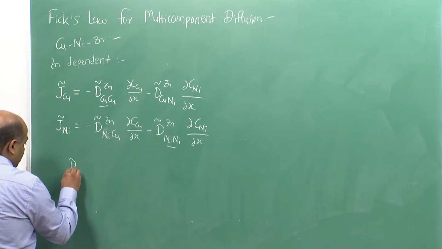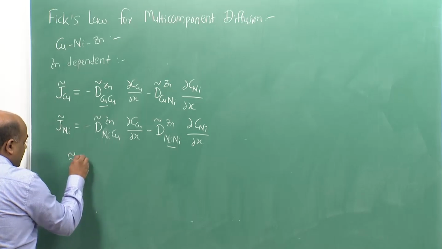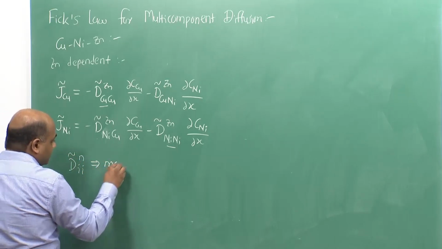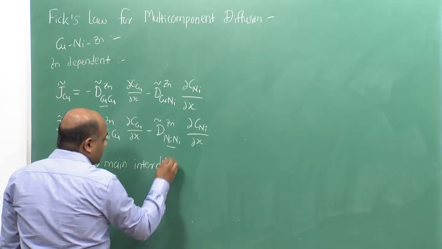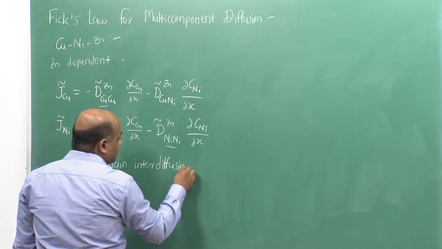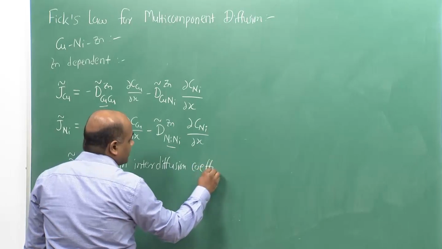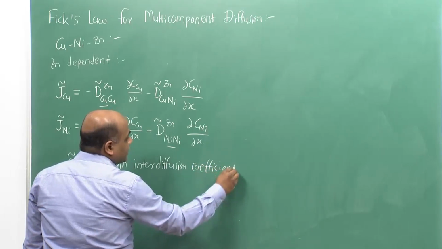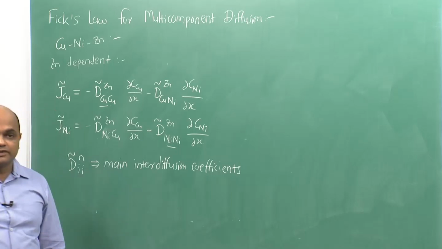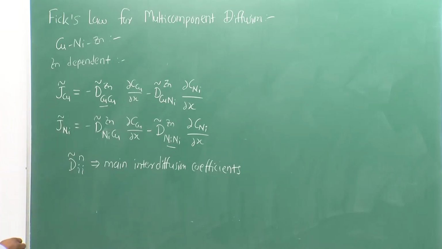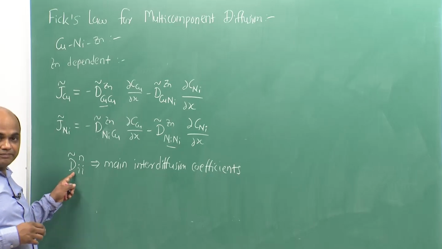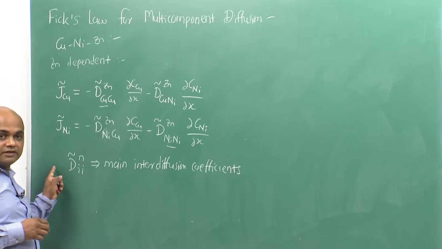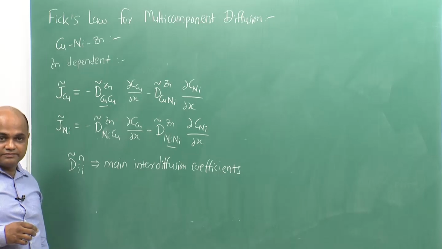So, D_ii~^n's are called main interdiffusion coefficients, and they quantify the effect of concentration gradient of i on its own interdiffusion flux, right.